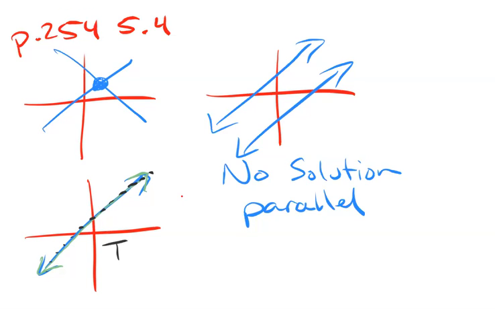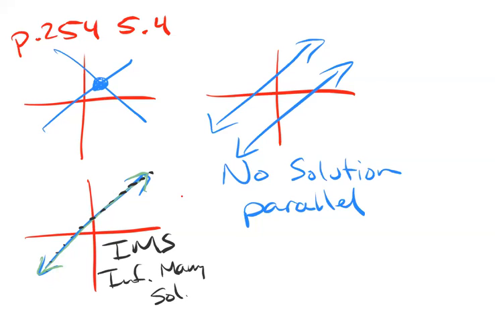So this one is going to be IMS, or infinitely many solutions. When it's the same exact line, it's infinitely many solutions. When they're parallel, it's no solution. Okay, so that's what we're looking at.